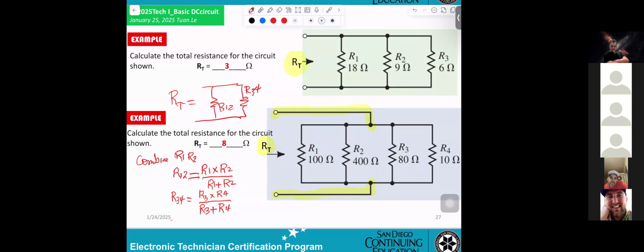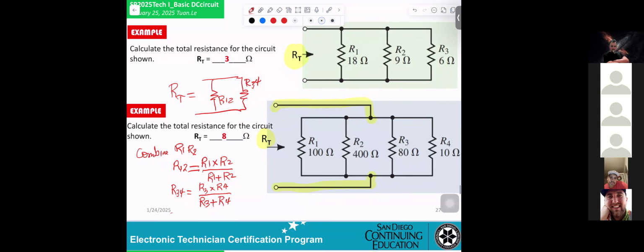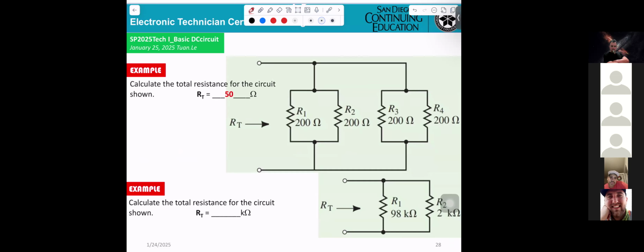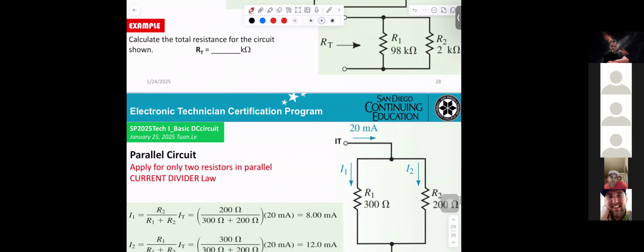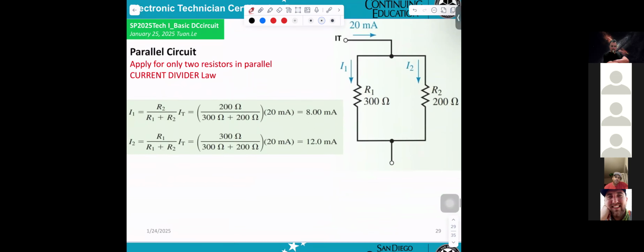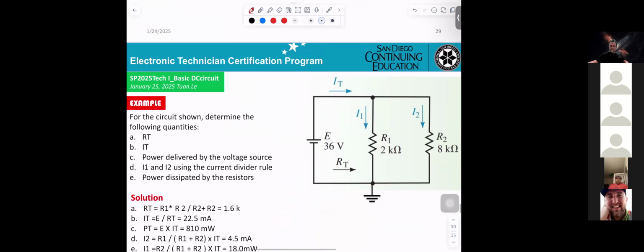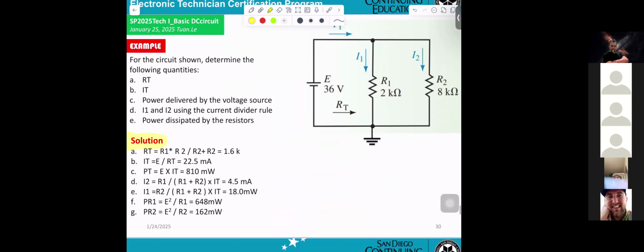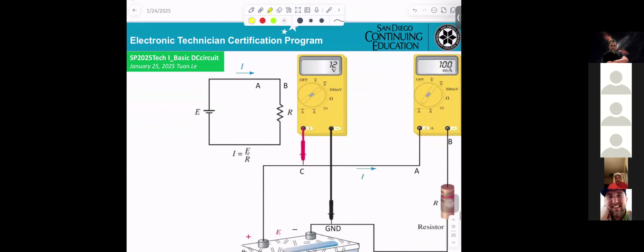That's how we do the calculation. This one is saved for you guys. You have to take the time to work on that. This is an example, and we already have the solution for you. You have to try. We don't want to waste the time on that.